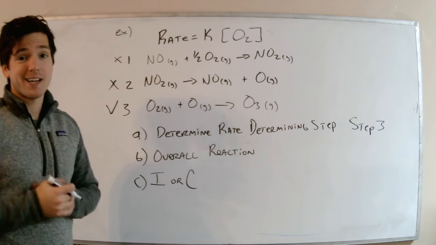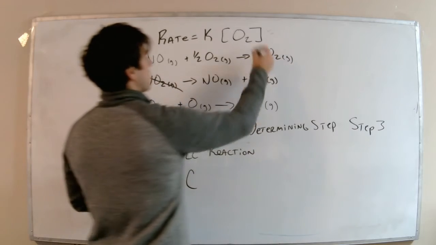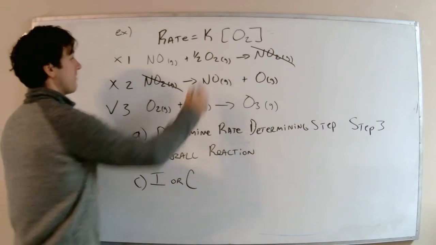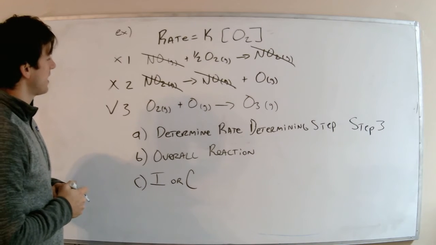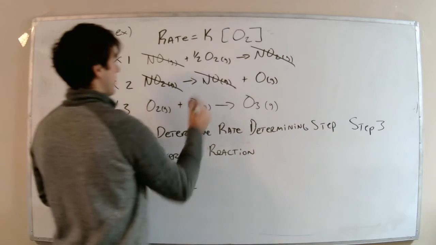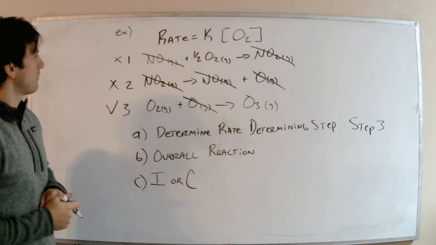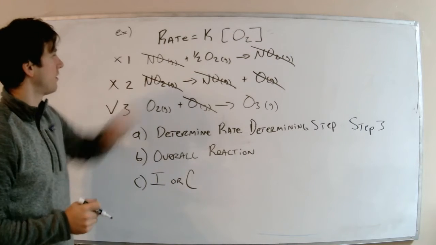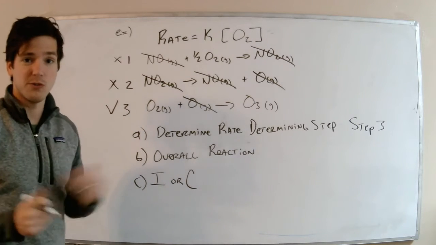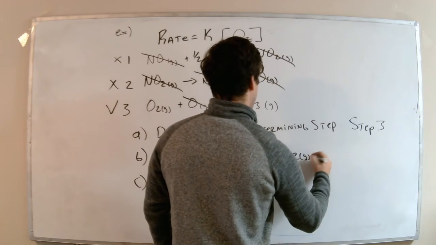Now for the overall reaction, we have to start crossing some things out. I've got these NO2s that can go away. I have these NOs that can go away. And it looks like I've got an O over here and an O on that side, reactant and product. And I believe that's about it. So we're left with 1.5 O2s, or as I could say, 3/2 O2 gas.